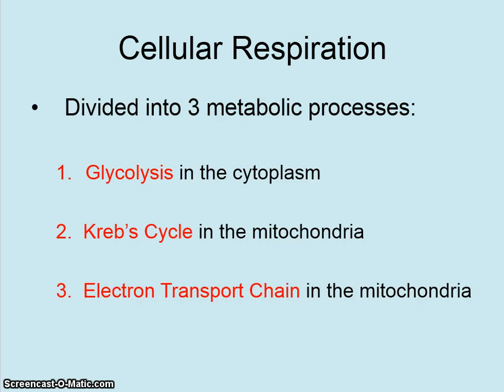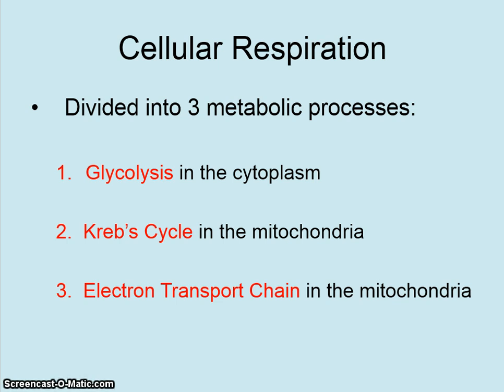That 3-step process first involves glycolysis, and glycolysis takes place in the cytoplasm. The Krebs cycle, which takes place in the mitochondria, and the electron transport chain, which also takes place in the mitochondria. The mitochondria, if you remember back from when we looked at cells, is the powerhouse of the cell.